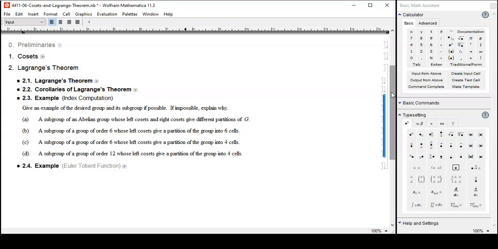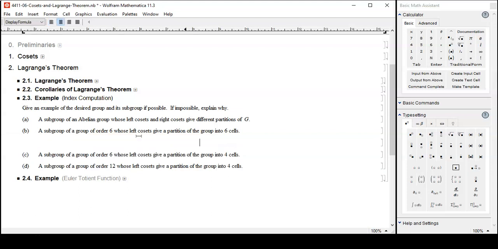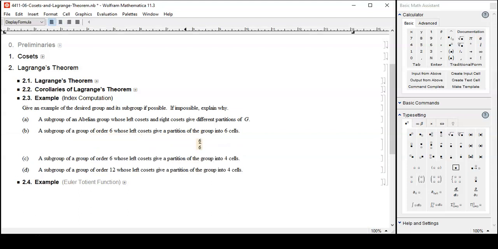So that's impossible. B: a subgroup of a group of order 6 whose left cosets give a partition of the group into 6 cells. Alright, Lagrange's theorem says the order of the group is divisible by the order of the subgroup, right? In this case, you have 6 divided by 6, and that's 1.